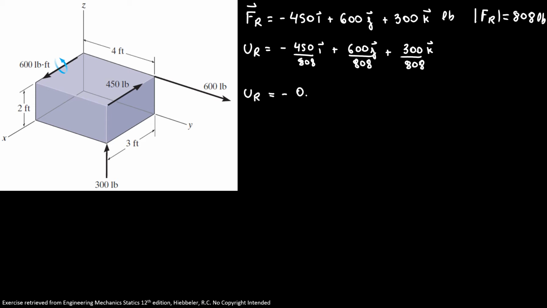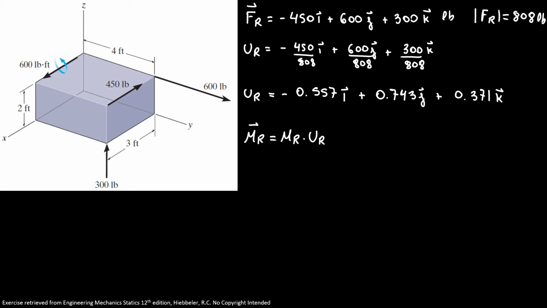So our unit vector is equal to minus 0.557 I plus 0.743 j plus 0.371 k. Why did we have to find the unit vector? Because we know the resultant moment in Cartesian vector is the magnitude of the resultant moment times our unit vector.